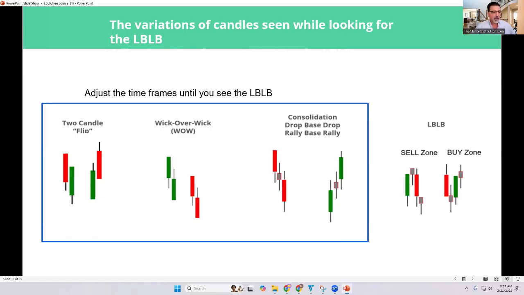By adjusting the time frame down, you might find the next pattern, and most common is a wick over wick area. Within the wick over wick areas, we find drop base drops and rally base rallies. And as you keep adjusting the time frame down, you will arrive at the leg base group of candles.